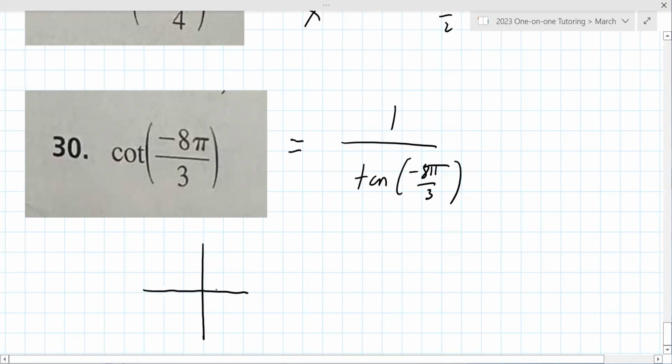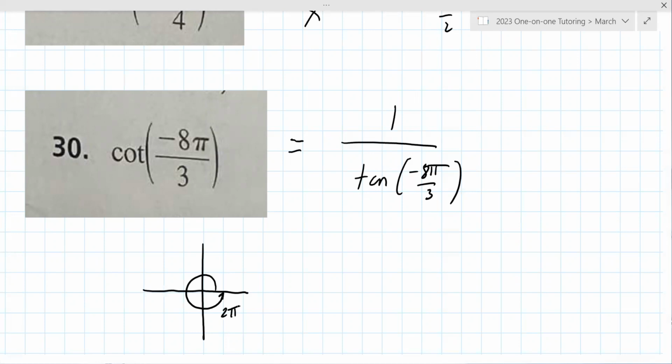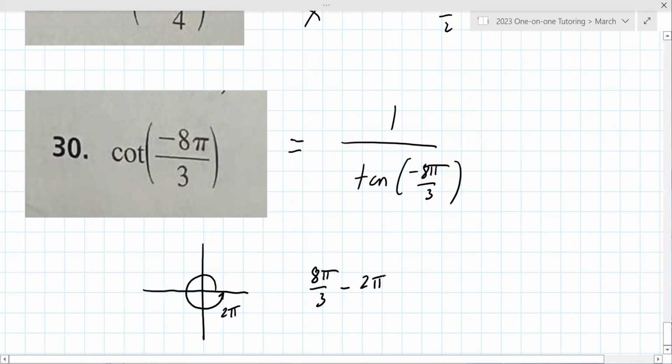So if you go all the way around the unit circle, that's 2 pi. Do you see that on your unit circle if you go all the way around? Yes. Okay, so now it's like, well, how much is left over? It's 8 pi over 3 minus 2 pi. That tells you how much is left over, how much you have to keep going. How do you subtract these two?